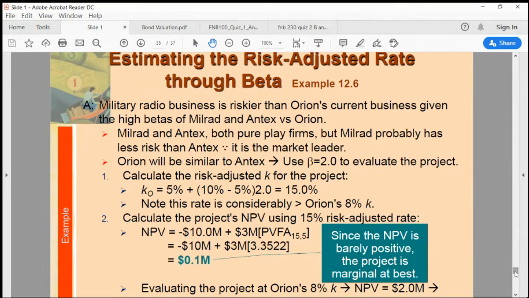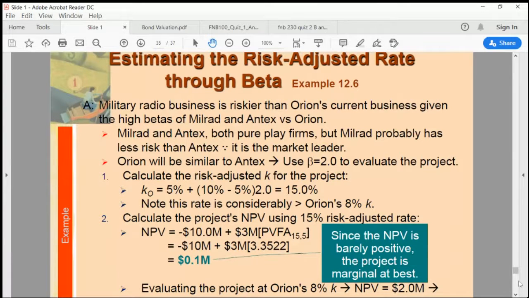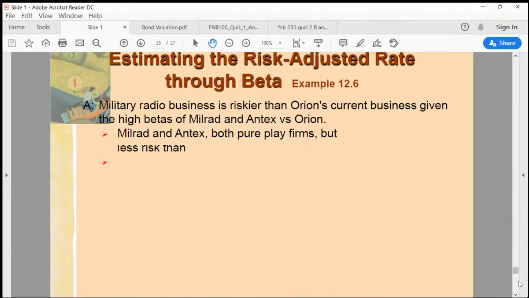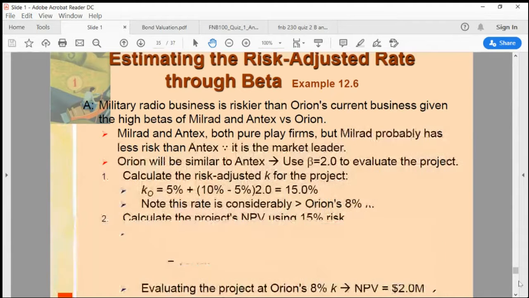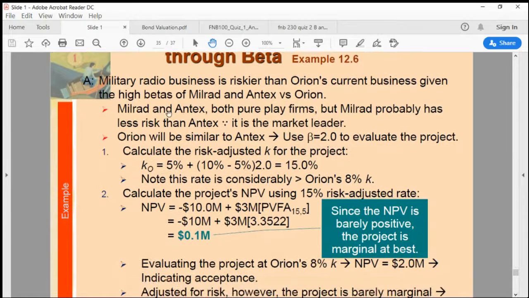First of all, although Orion's beta is 1.1, this is the beta based on their existing business, which is a civilian market. If it is the military market, you cannot use that beta, because the military radio business is riskier than Orion's current business.